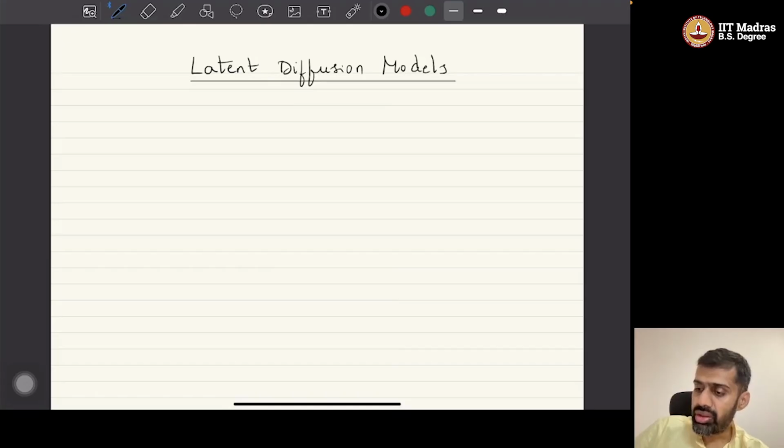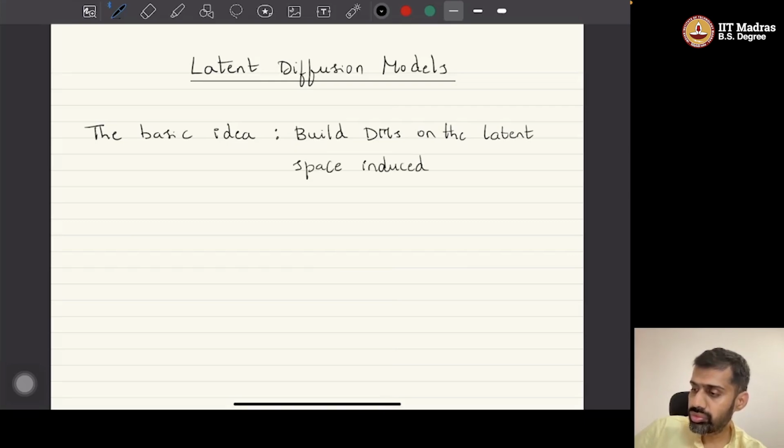Now, the basic idea is to build diffusion models on the latent space induced by another encoder-decoder model.